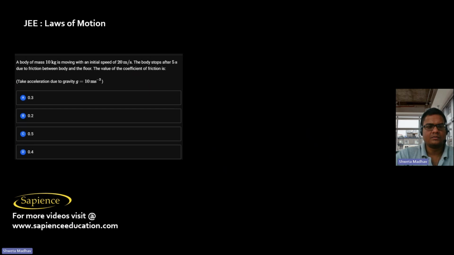And here it is told, a body of mass 10 kg is moving with an initial speed u of 20 meter per second. Its mass is 10 kg. The body stops after 5 seconds due to friction between the body and the floor.